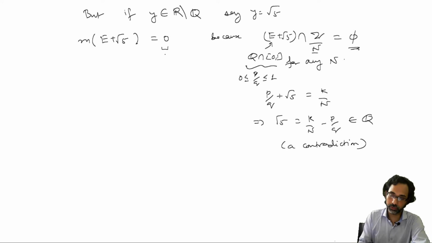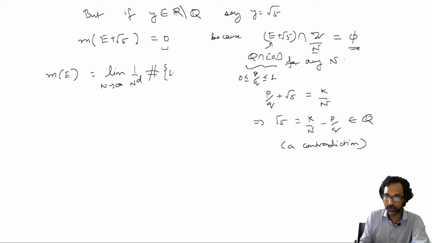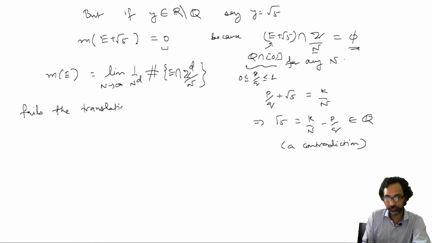Therefore, if we try to define our measure m(E) for an arbitrary subset using the limit formula, then this fails the translation invariance property.